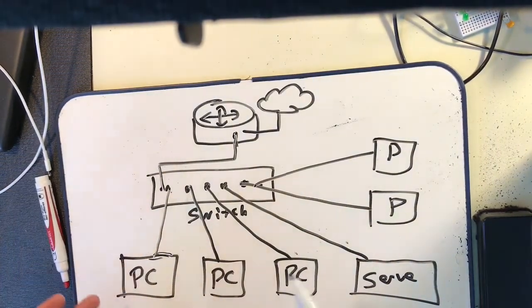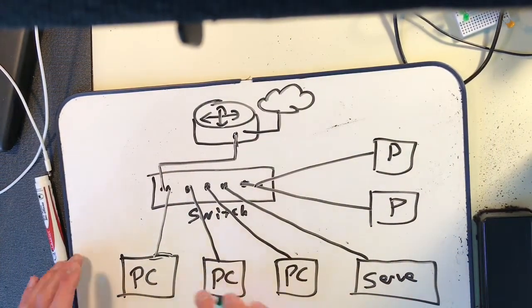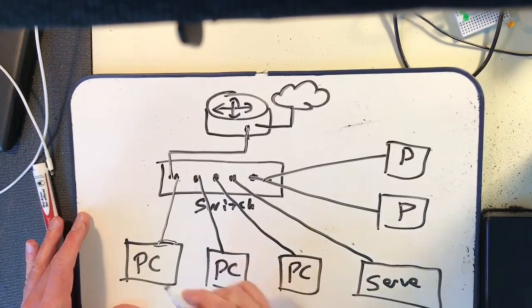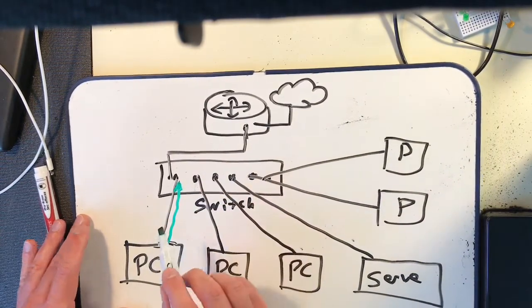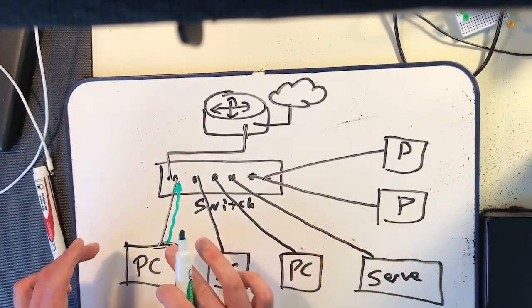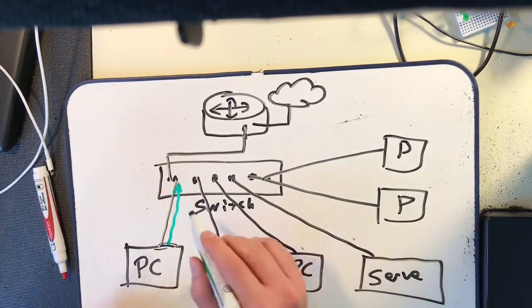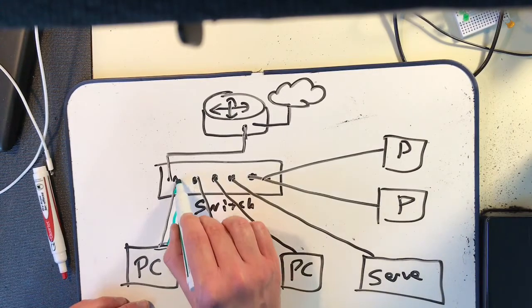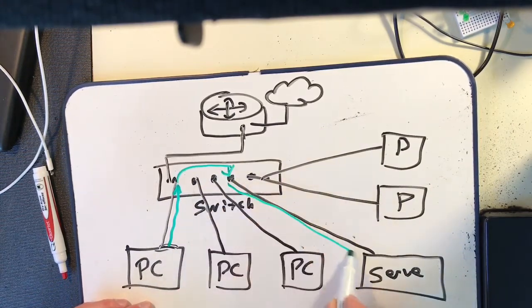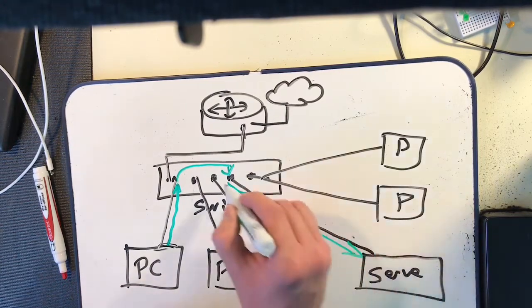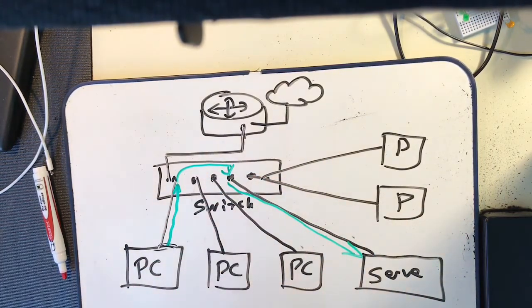So for traffic you send now, for example, if I want to send a packet from this PC to the server, it would go up into the switch. It would read the hardware addresses of what it is and where it's trying to go, and it would send it to that port that's connected to the server. Send it to the server. Same is true in reverse. It'll go back up through here.